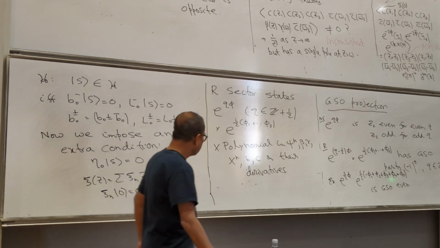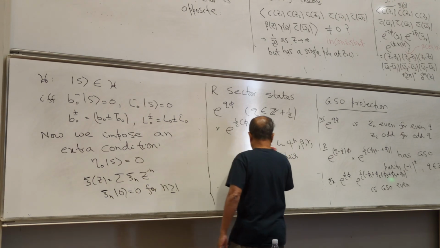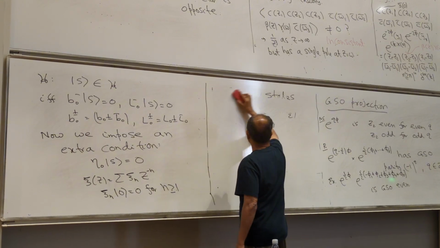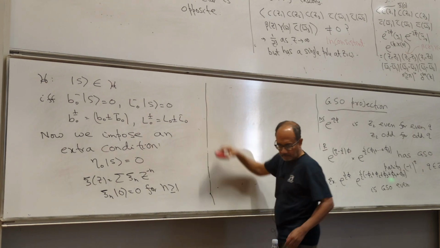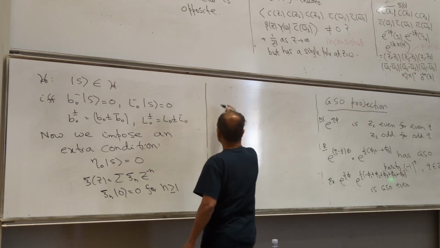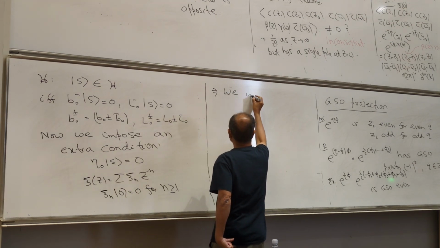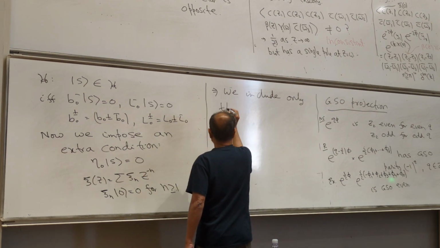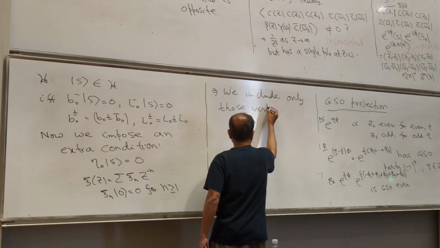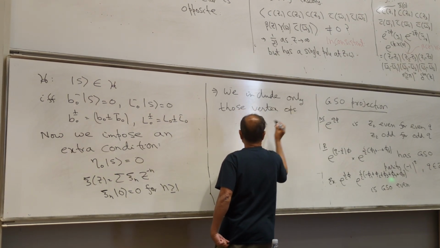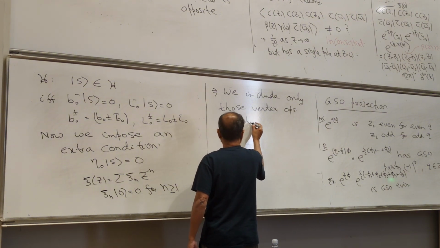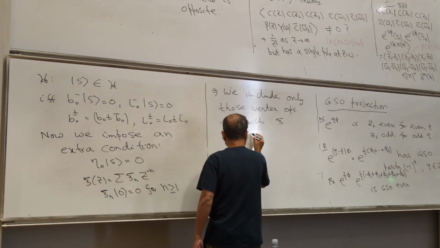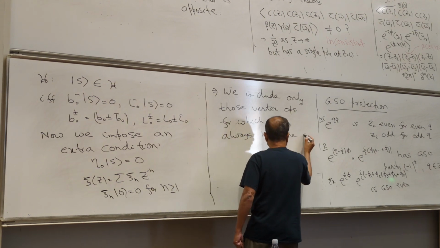In terms of vortex operators, this means that we include only those vortex operators for which xi always has one or more derivatives.